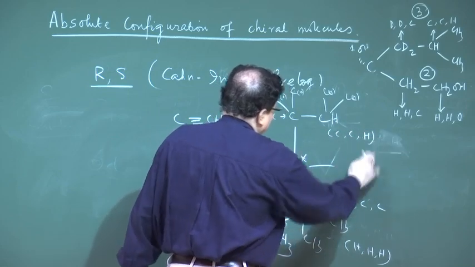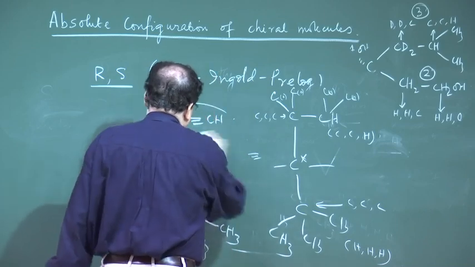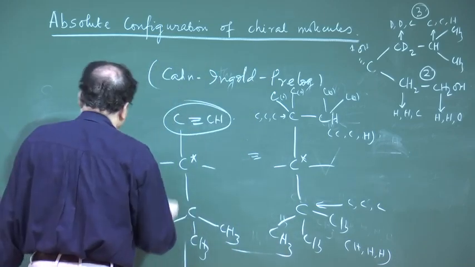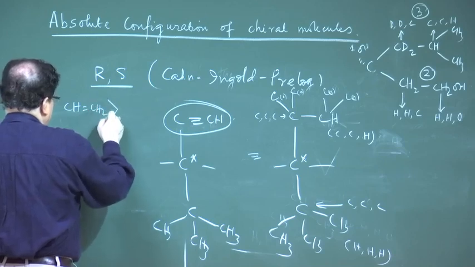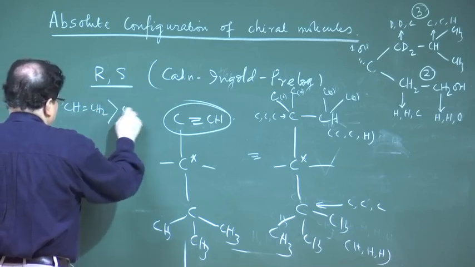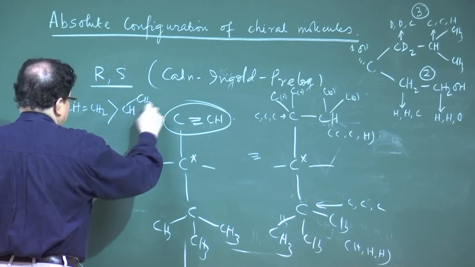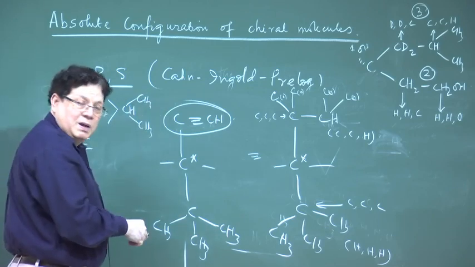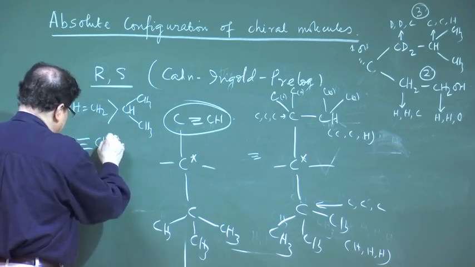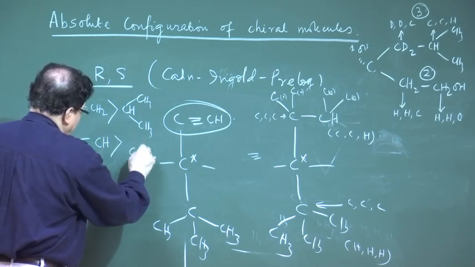Okay. So, ultimately acetylene wins over tertiary butyl. So, we can write that the CH triple bond CH group has higher preference than C, CH3, CH3, CH3. Acetylene has higher preference over tertiary butyl.